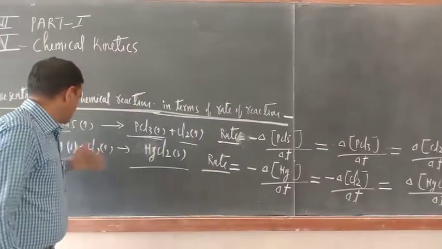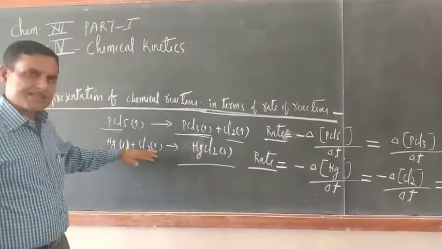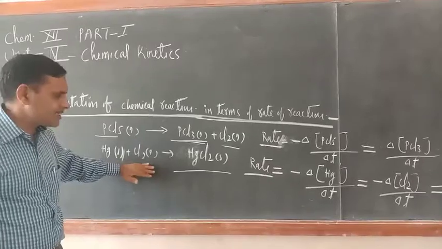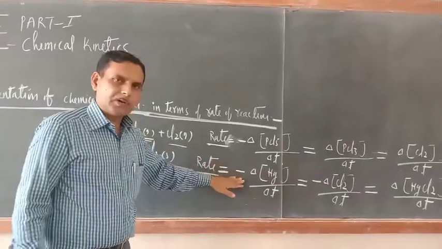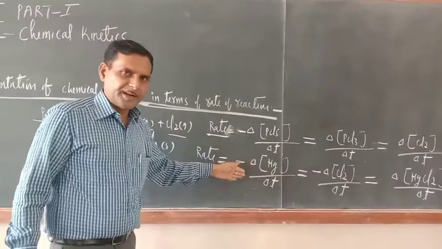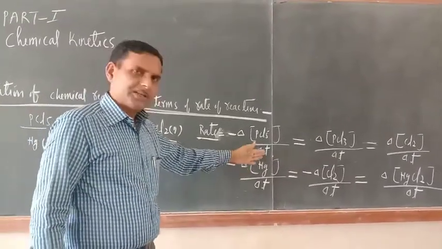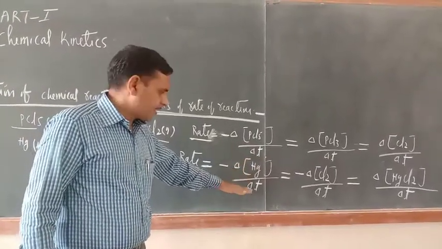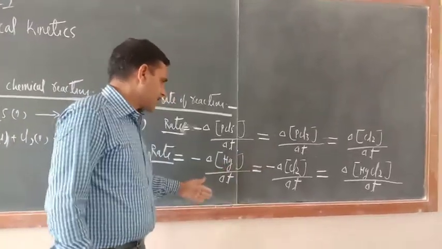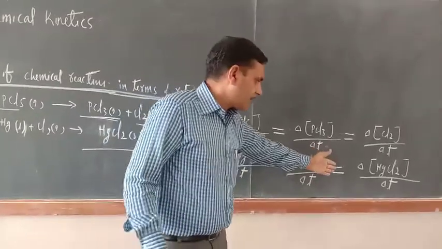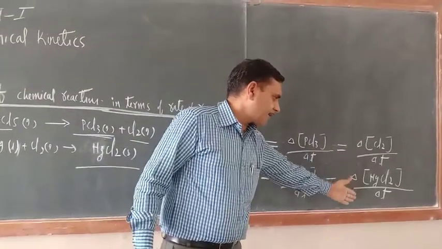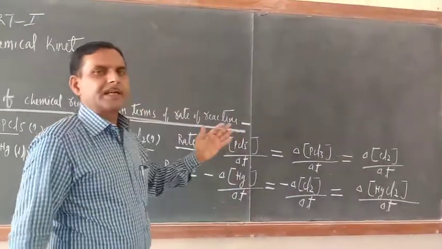Same is the case with the second example. Hg plus Cl2: two reactants Hg and Cl2, one product, that is HgCl2. So the rate equal to, before the reactant the minus sign should be there, square bracket Hg, delta T. Now here Cl2 is also a reactant, again minus sign, equal sign, and square bracket HgCl2 divided by delta T.